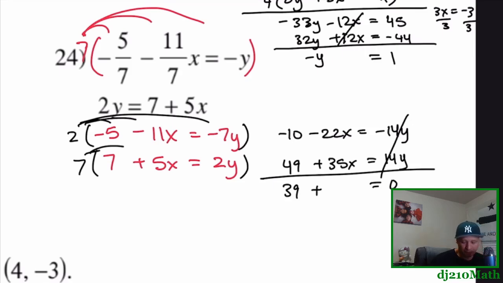Positive what? 8 plus 5, 13. So 13x equals negative 39. Divide by 13, divide by 13, cancels, negative 3. So x is equal to negative 3.